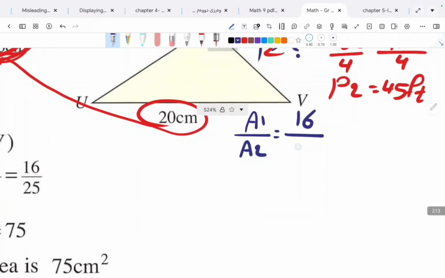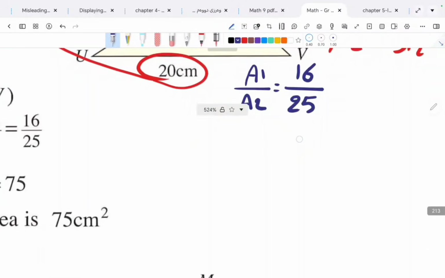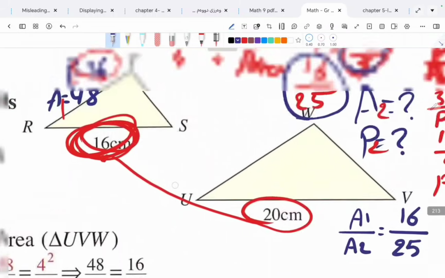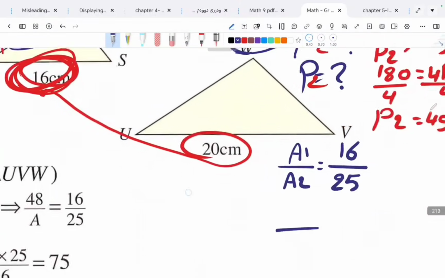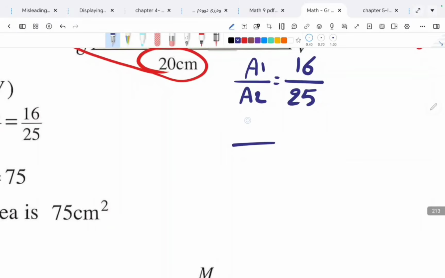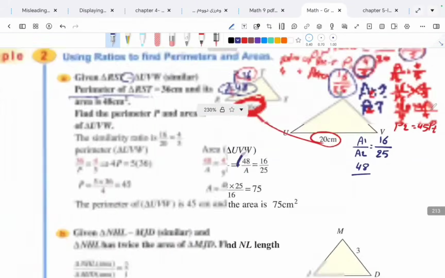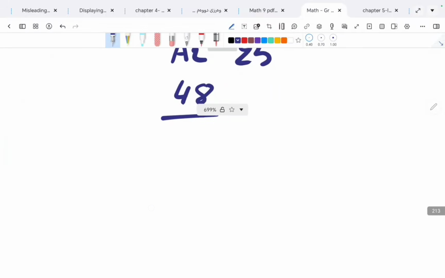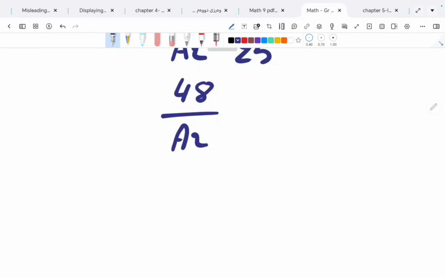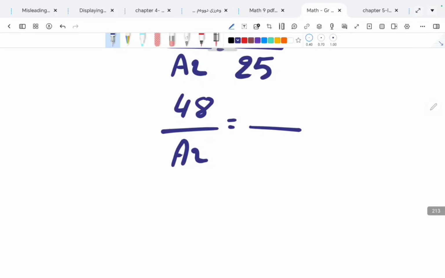Area 1 is given, which equals 48. So 48 out of area 2 equals 4 power 2, which is 16 out of 25.